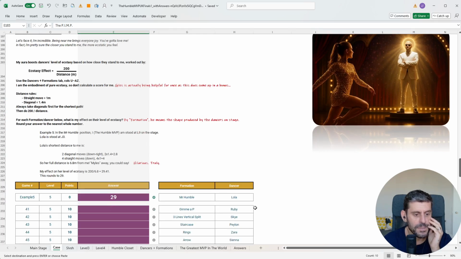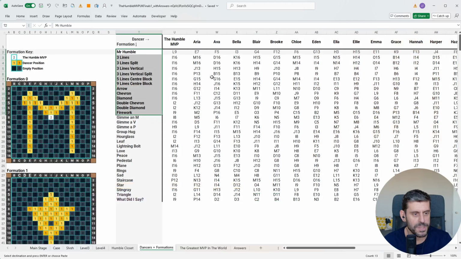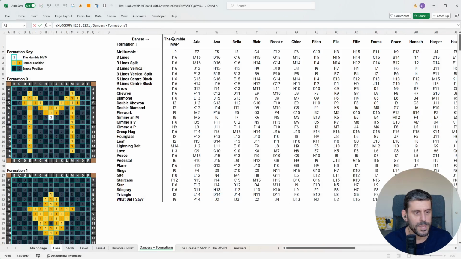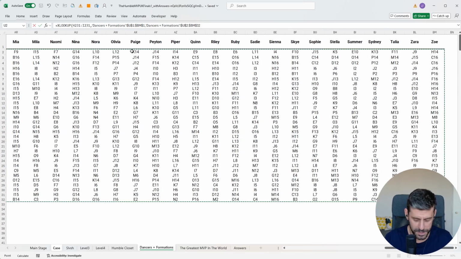And yeah, so it's pretty straightforward because you also need to consider the humble MVP here. I did an XLOOKUP of the dancers into this array, returning from this array.